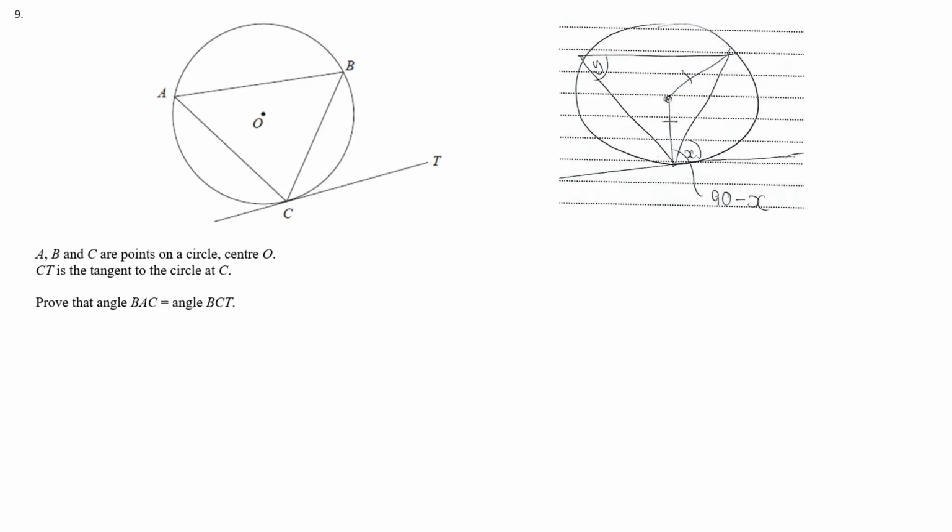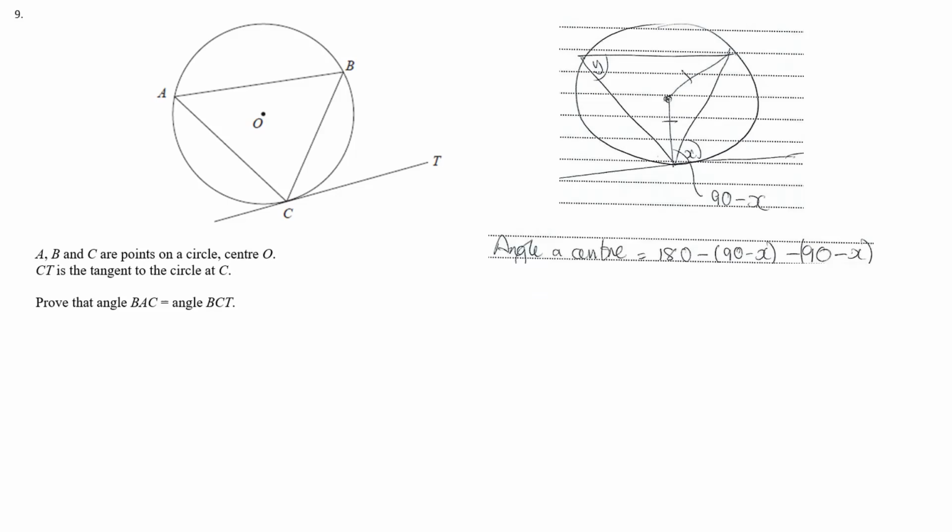So because a tangent and the radius meet at 90 degrees, that angle there is 90 minus x. And then I've said the angle at the center, because that's quite a flat isosceles triangle, the other side must be 90 minus x.